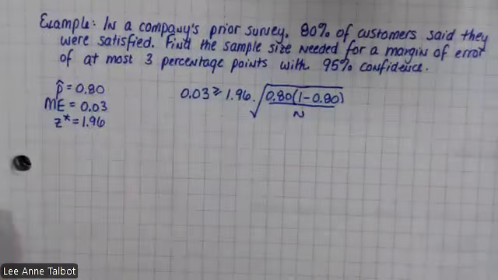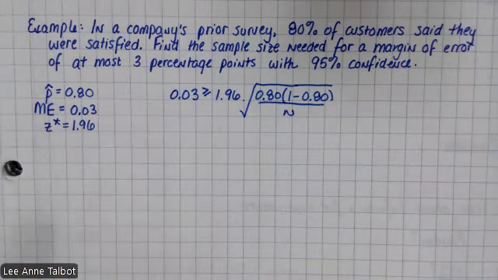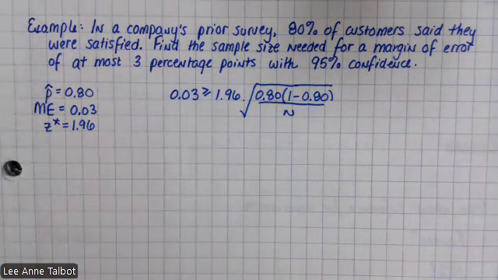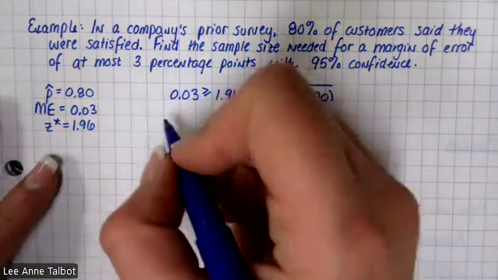Now let's talk about order of operations. First thing you want to do is divide both sides by 1.96. Does that make sense?